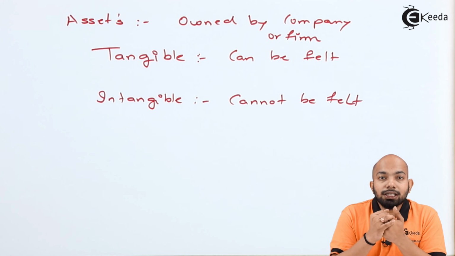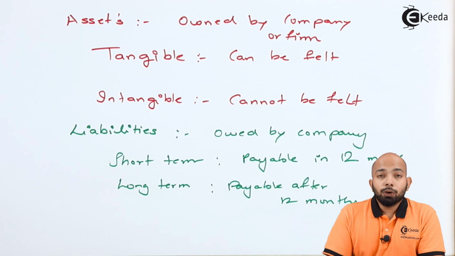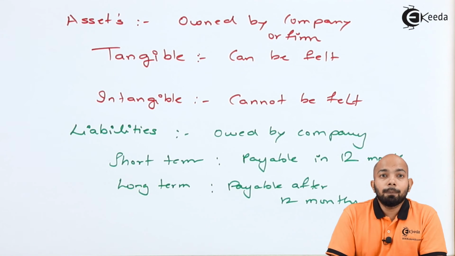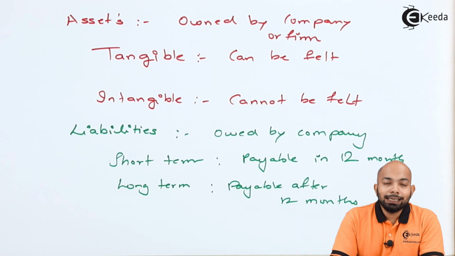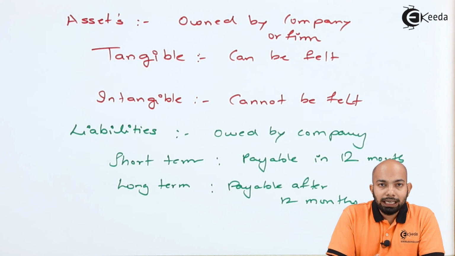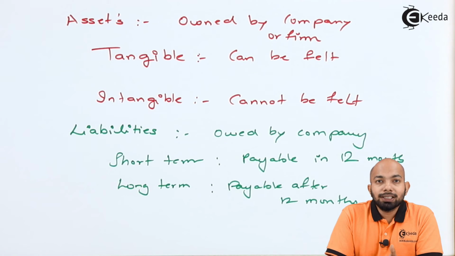We'll further go ahead and classify liabilities now. When we talk about liabilities, that is something the company owes to someone else. This has to be paid back to someone else. We have 2 different kinds of liabilities: short-term liability and long-term liability. Short-term is something that has to be paid within 12 months. Long-term is something that can be paid off at any point of time after 12 months.